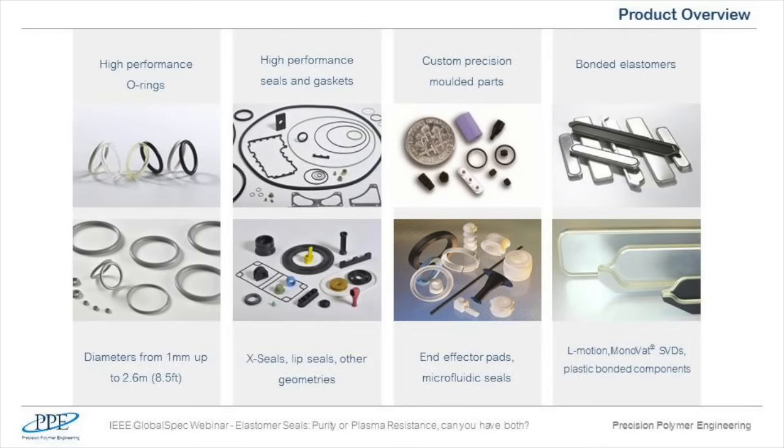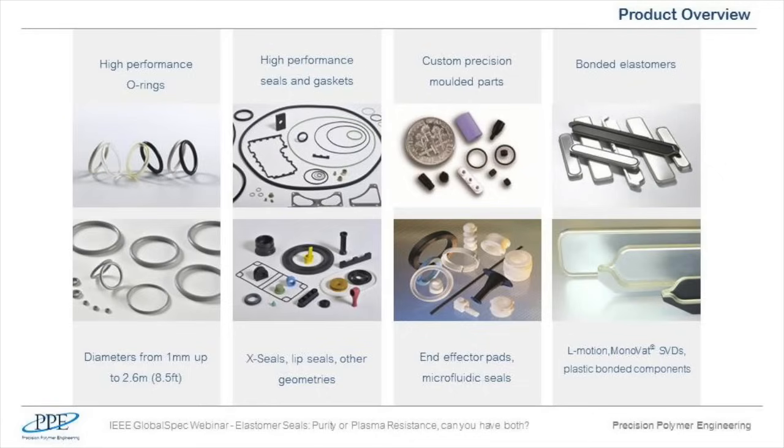This is the overview of the types of products we make. The vast majority of the products we make are O-rings. We are capable of making O-rings from very small diameters to very large, up to 2.6 meters. We can also make other shapes like D seals and X seals, or other shapes like gaskets or small molded parts. We are also capable of making very small parts with very small tolerances by our special injection molding capability.